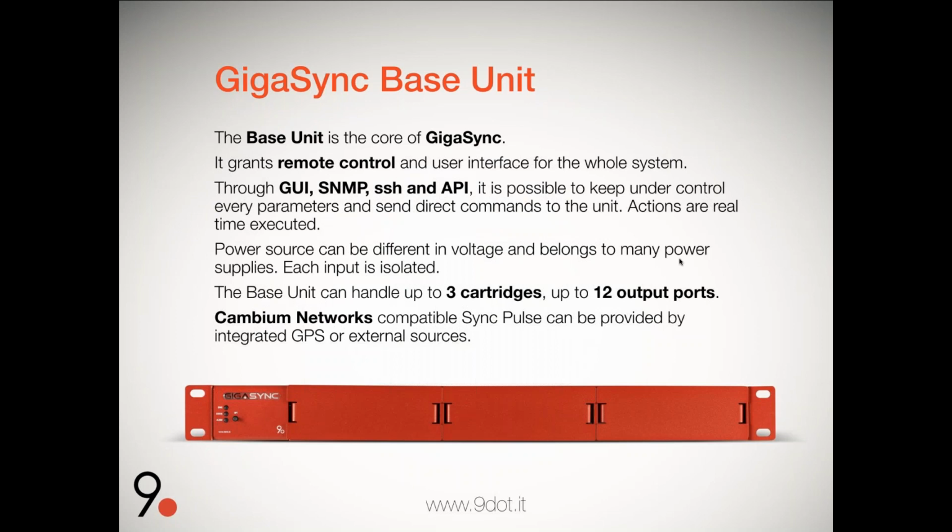And of course, the Cambium sync pulse can be generated by a GPS that is integrated inside the base unit, or from external sources like UGPS or another GigaSync or CMM5, CMM4 is the same.